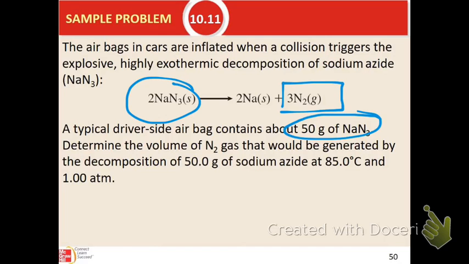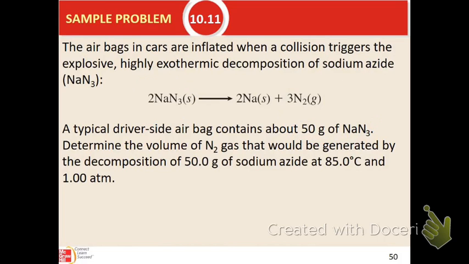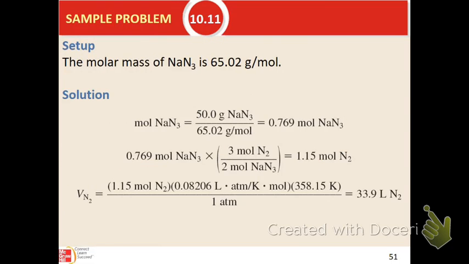Got that? So the first thing that we're going to do, our given is 50 grams of sodium azide, and we're going to change that into moles. We're going to use the molar mass to change 50 grams into moles. And once we have our moles, now we're going to use our balanced chemical equation coefficients. Remember that stoichiometry stuff?